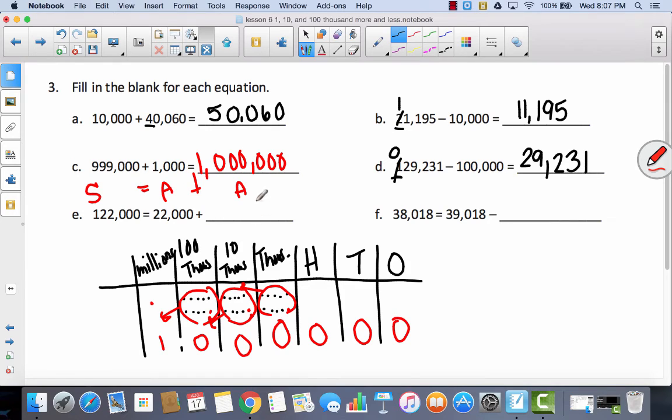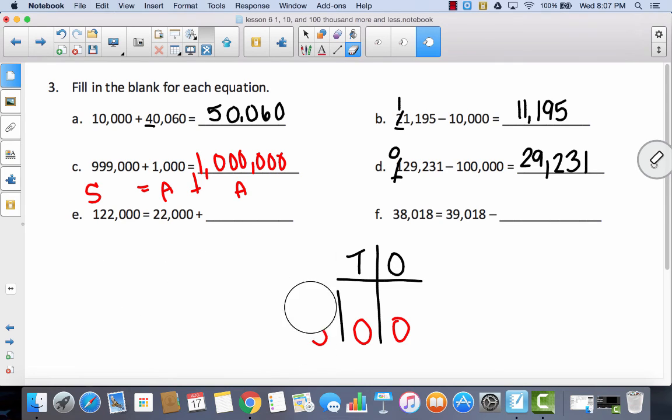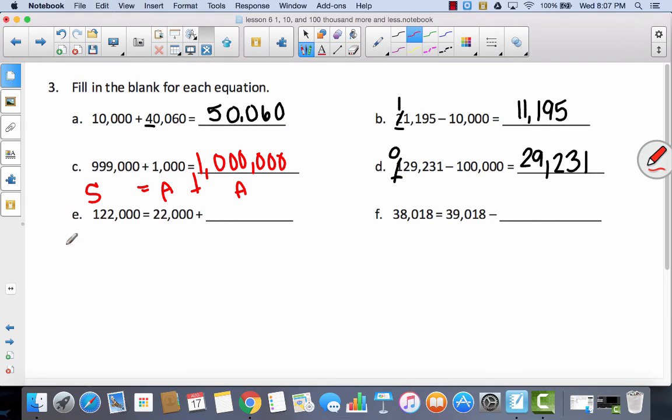So we have to figure out what did they add to 22,000 to get 122,000. So it's kind of like we're working backwards. You could think of this problem as this: 22,000 plus blank equals 122,000.